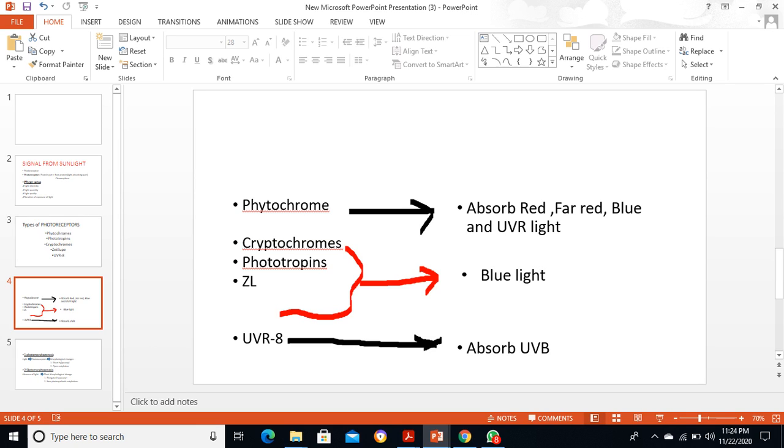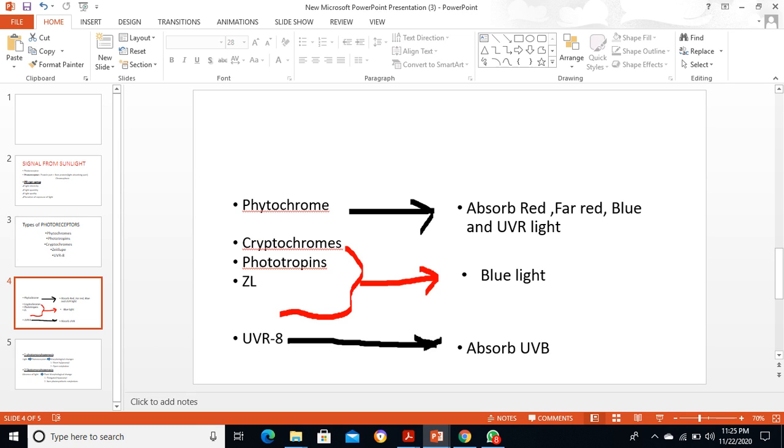The UVR8 receptor absorbs UVB light and induces UVB induced photomorphogenic responses like flavonoid synthesis. It is a secondary metabolite mediated with the help of UVB light. So the UVR8 receptor helps in mediating this kind of response.